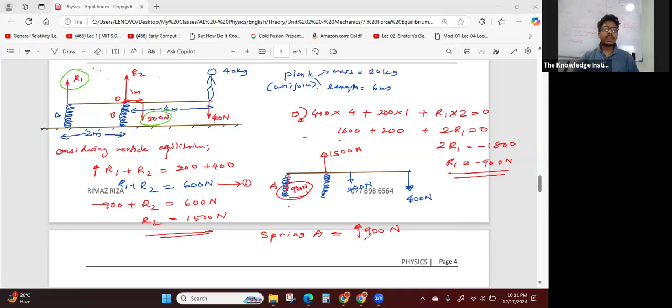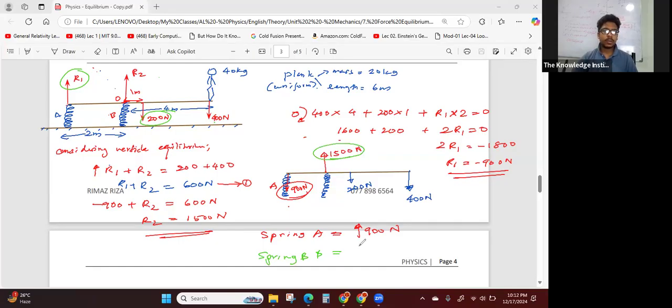So the force acting on spring A is upward 900 Newton. For spring B, there will be a force acting on the plank by the spring, 1500 Newton.